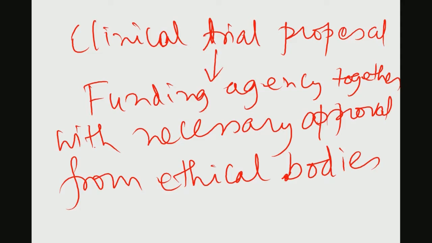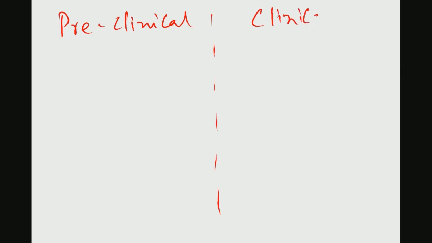So, let me take a blank slide and explain this with a little bit more clarity. Let us say this is your preclinical experiments and this is your clinical trial.